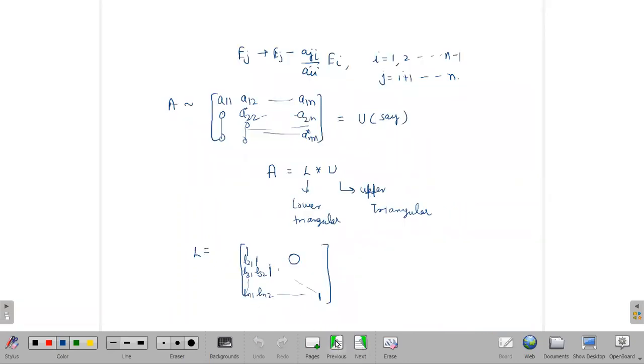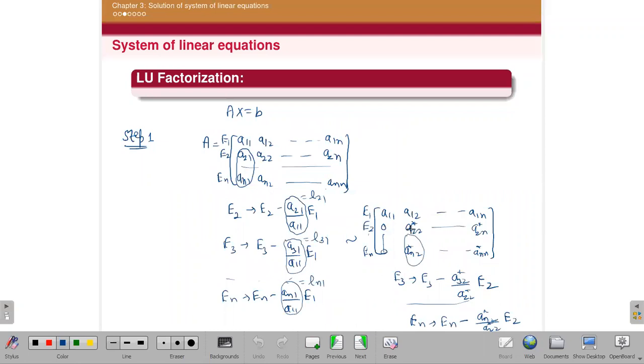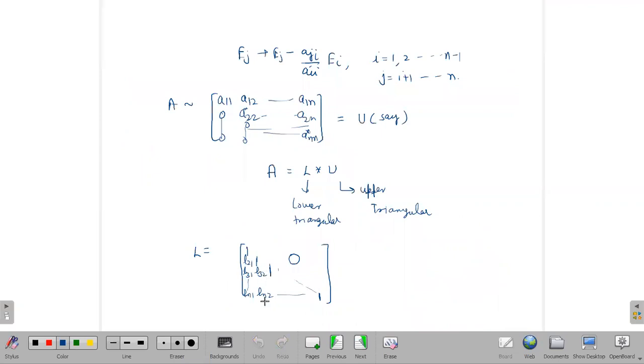After the operation, these entries will change. So now it will become L32, and then L42, then Ln2. This way you get the second column entries, and this way the third column, and so on.